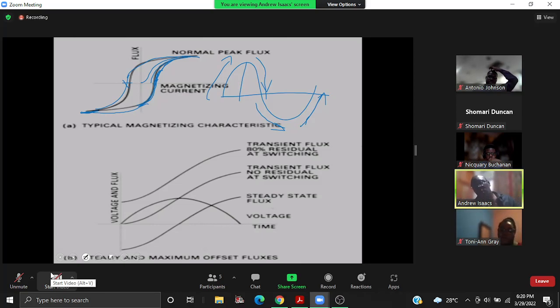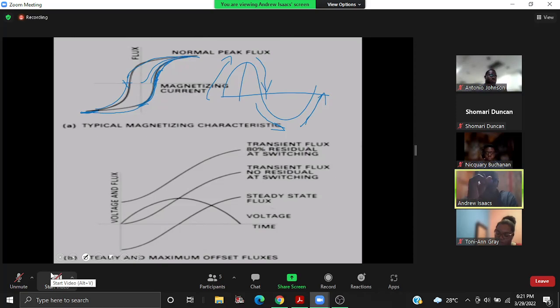So what this does is say to us that the wider the curve, it is telling us that it is retaining more magnetism. The longer the curve, it is telling us the coercive force.